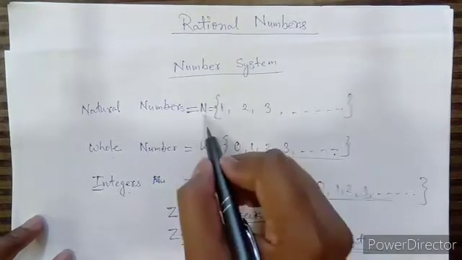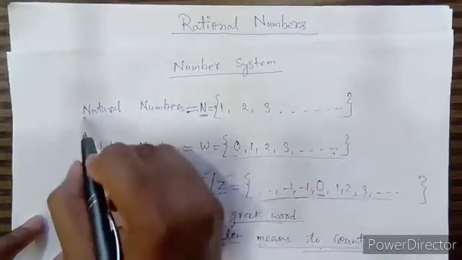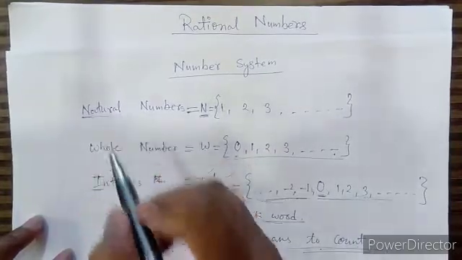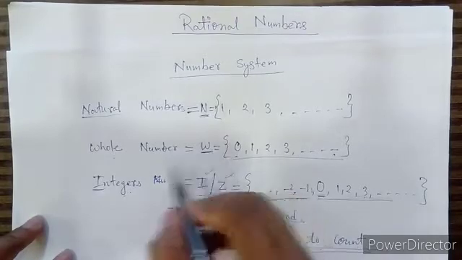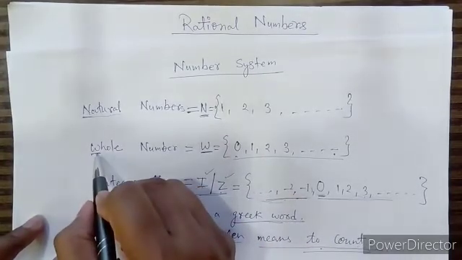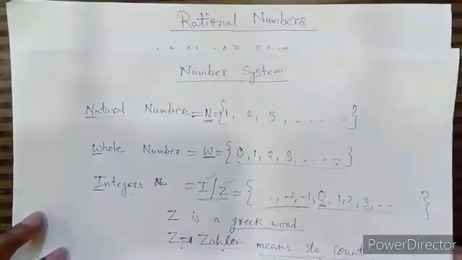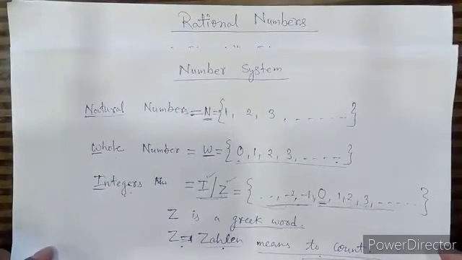Similarly, the symbol N is taken from the first letter of natural number, and the symbol W is taken from the first letter of whole number. So now we continue with rational numbers.